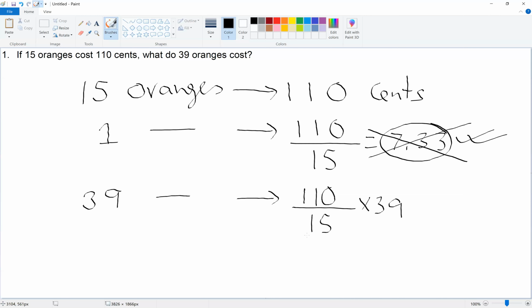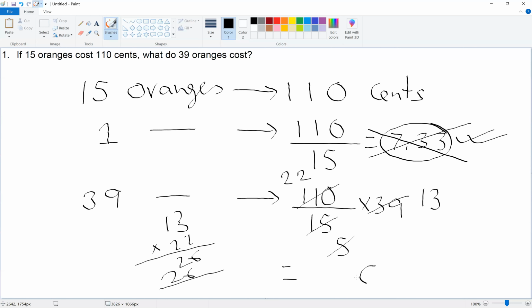Instead, do the calculation at the end. So 13 divided by 3. This is 22. And then simply multiply 22 and 13. So this would be 286. And then you put the cents.